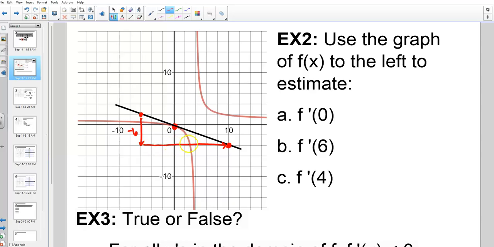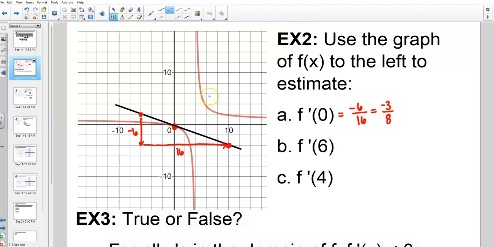Let's see, 1, 2, 3, 4, 5, 6, 8 to the right. 8 blocks, which actually, if you do them both wrong, it doesn't matter, because it just reduces the same, but that'll be 16. So negative 6 over 16, that will reduce to negative 3/8. Technically, you would have been okay if you just counted the blocks, because the scale's the same on both axes, so you'd be all right. But, okay, so that's all we're doing for something like that.